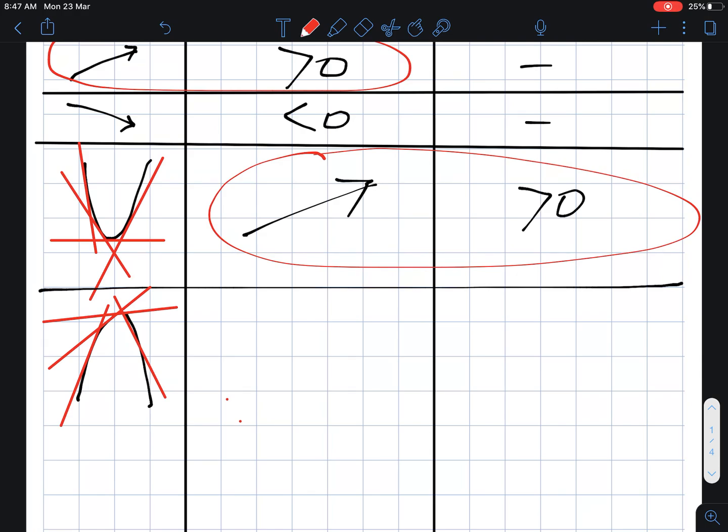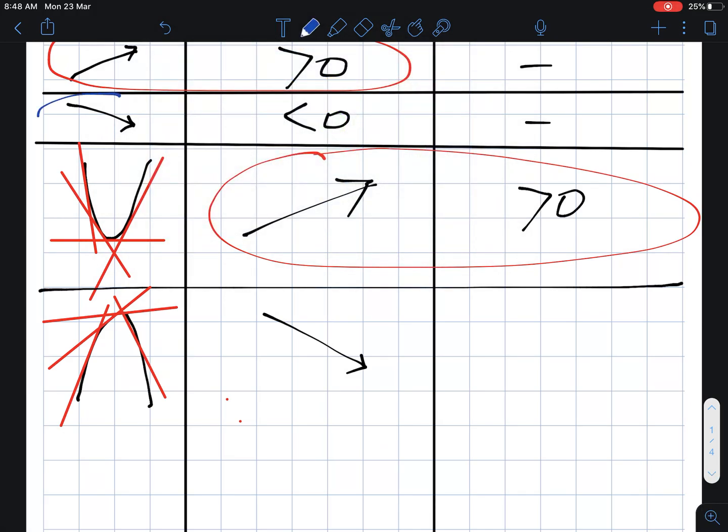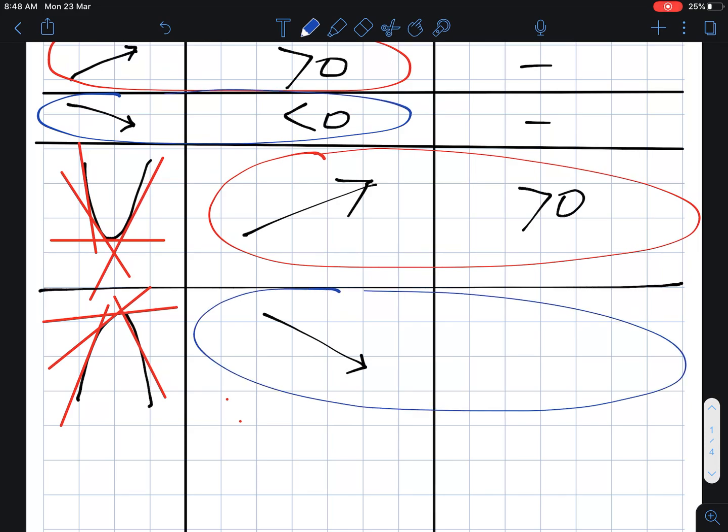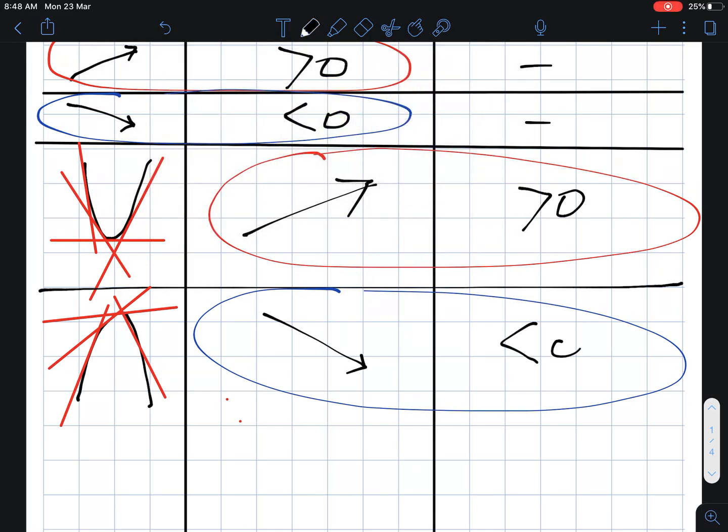So it means that the slope of the tangent is going to decrease. And again, I'm going to be copying the piece of information that I've written in the beginning, in blue. So it's going to be copied there, and it's going to be less than zero. This is condition number 4.